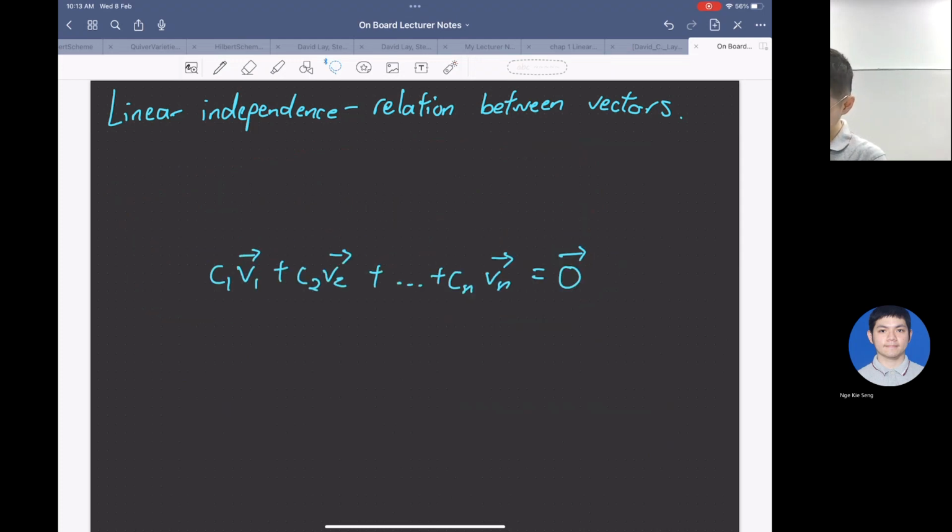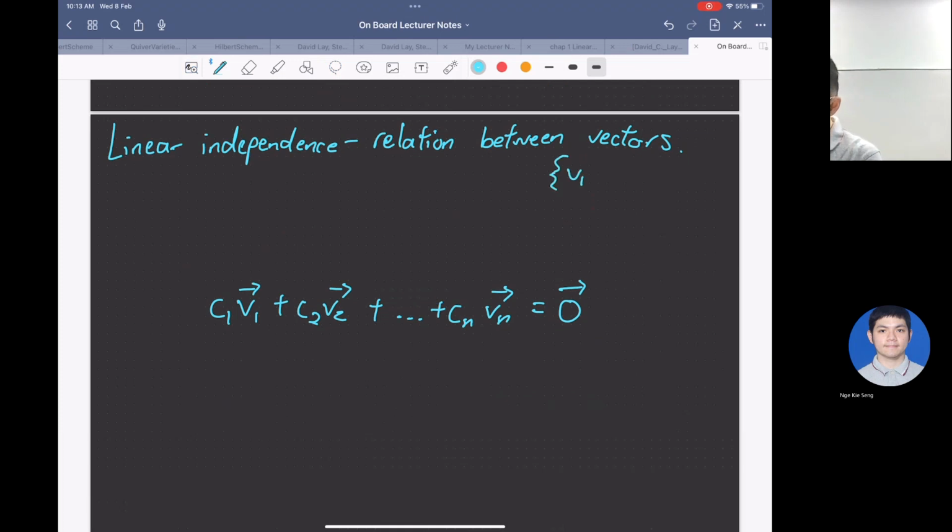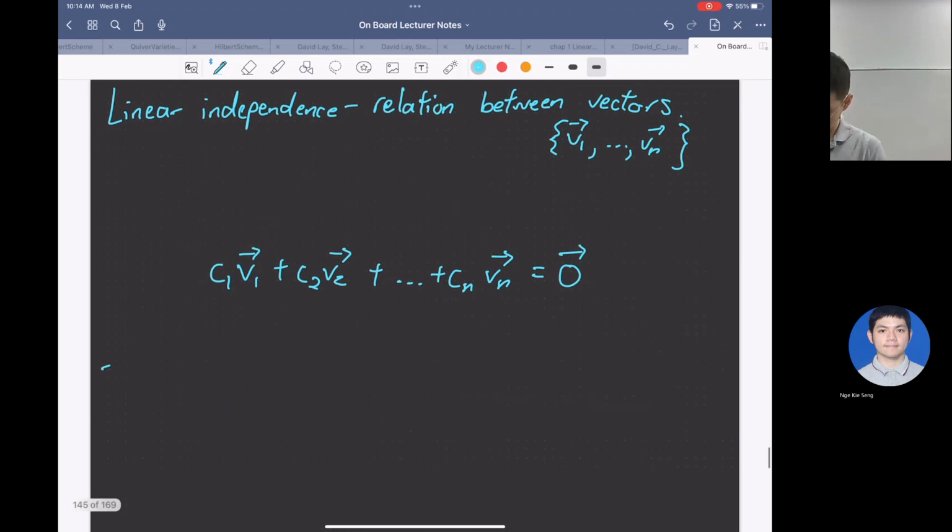Because this is a vector equation, it is also a linear system. So we can ask whether this has a trivial solution or a non-trivial solution.